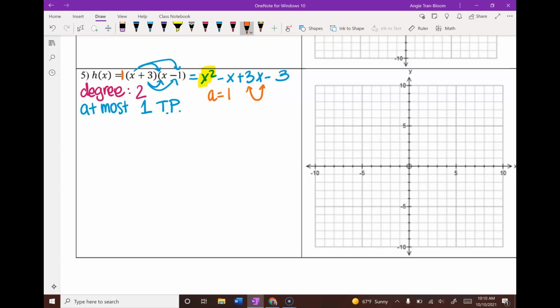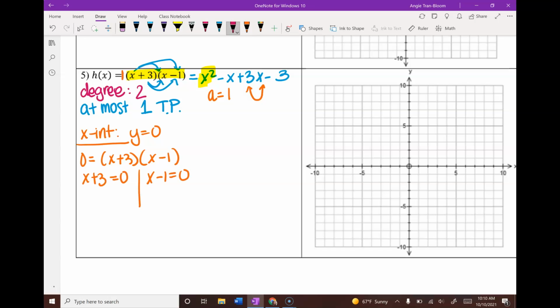So the easiest for us is that it's in factor form. Easiest would be finding the x-intercepts. The x-intercept, students, is when y goes to 0. So take y and set it to 0. It's already factored out, so we are going to take each factor and set it equal to 0, and then solve for x.